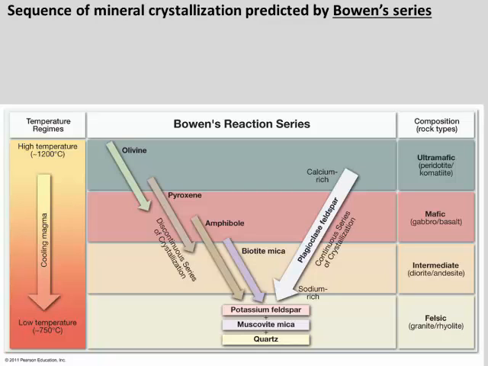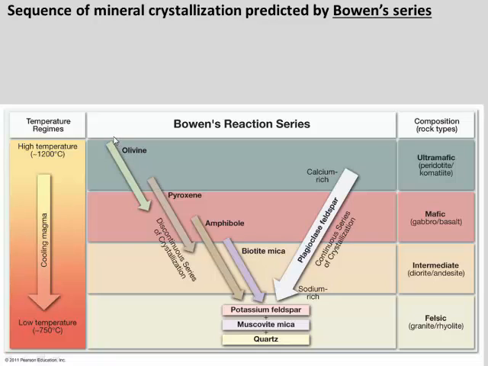Okay? When do these different minerals crystallize, and what controls that order of crystallization? Well, this is predicted by a concept called Bowen's reaction series, and it's summarized here in this chart. Okay? You can think of this as a magma cooling from high temperature at 1200 down to low temperature at 750. And what we're going to see here is, in these different colored bars, different minerals starting to crystallize.